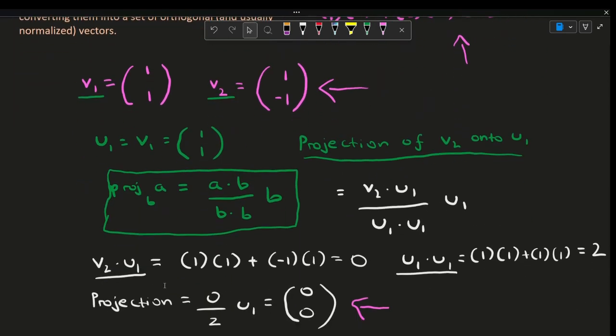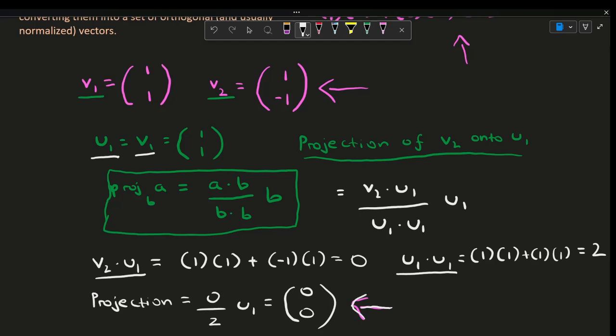Finally, we solved the question in the Gram-Schmidt process where we have to make v1 and v2 orthogonal. We set u1 equal to v1, and then we found the projection of v2 onto u1, and we got 0, 0.